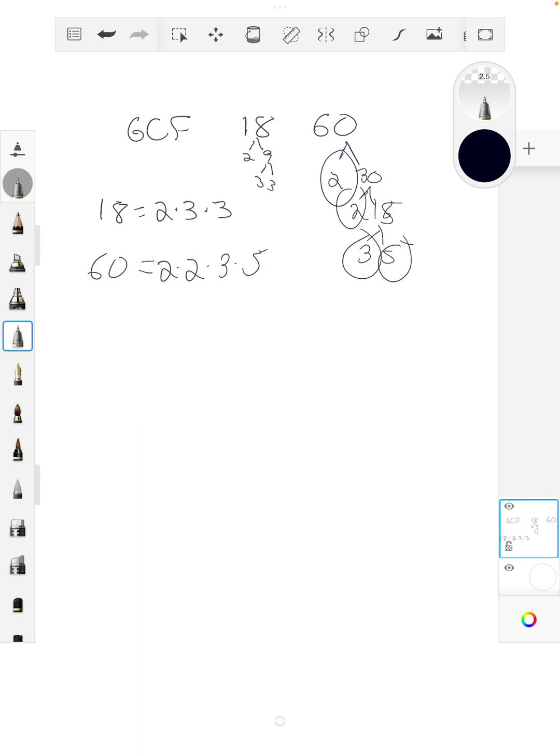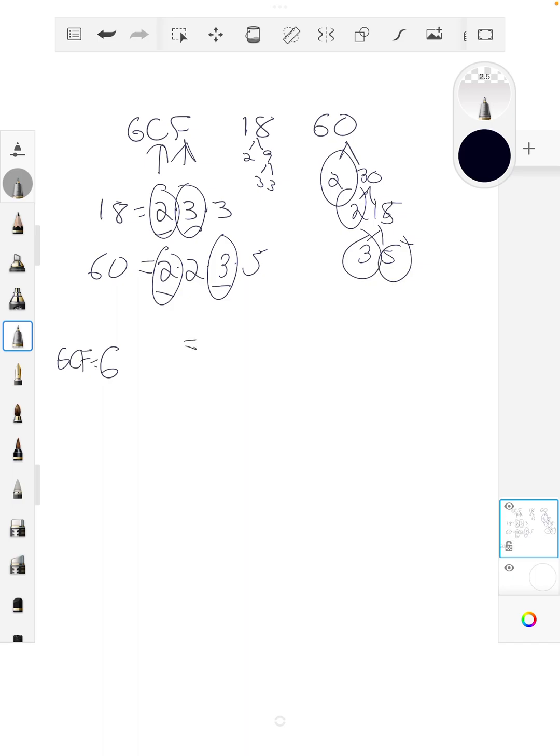Okay, I factored them. What's common? Well, they each have a 2. They each have a 3. Anything else? No, that's it. So my greatest common factor is going to be 2 times 3, which is 6. So the GCF is 6.